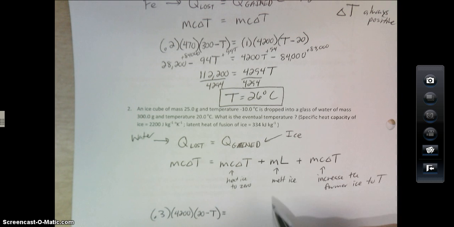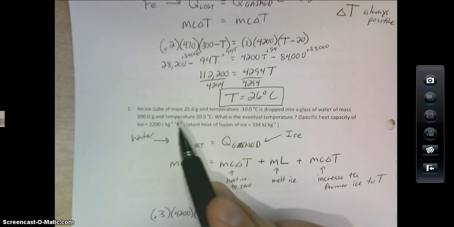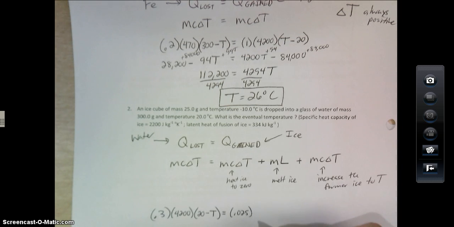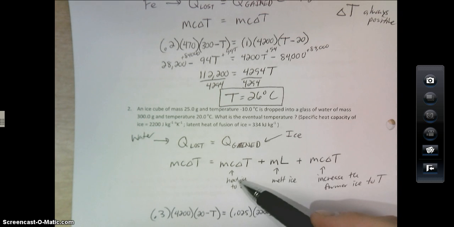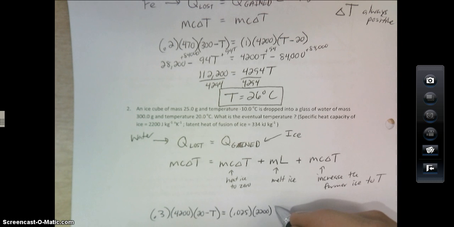To heat the ice, the mass was 25 grams, so that's 0.025. And the specific heat capacity of ice was 2,200. And we've got to heat the ice up to 0. So if it was at negative 10 and we're heating it up to 0, then its change in temperature is 10.